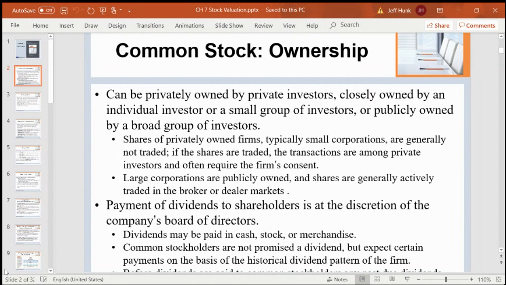The first time the stock is sold to the public is called an IPO, initial public offering, when the company first goes public. After that, there can be public offerings, like a second or third public offering, but they are few and far between, right?